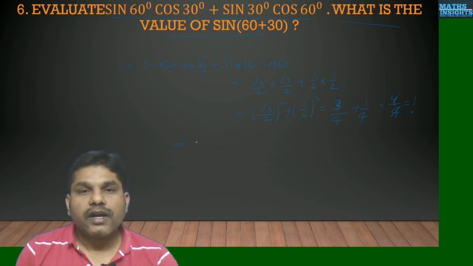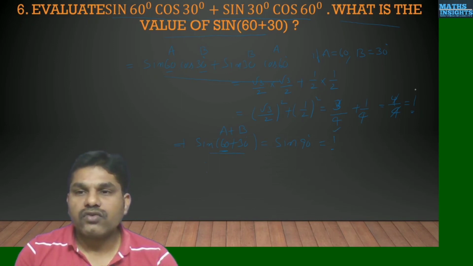Now again they ask, what is the value of sin 60 plus 30? 60 degrees and 30 degrees is 90. Sin 90 is 1 if you observe from the table. So if it is assumed as A and B, and this will become again B and A, if A is equal to 60 and B is equal to 30, then this is A plus B. This value and this value are equal to 1.